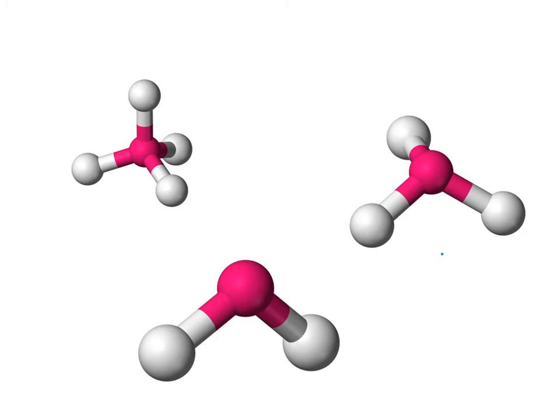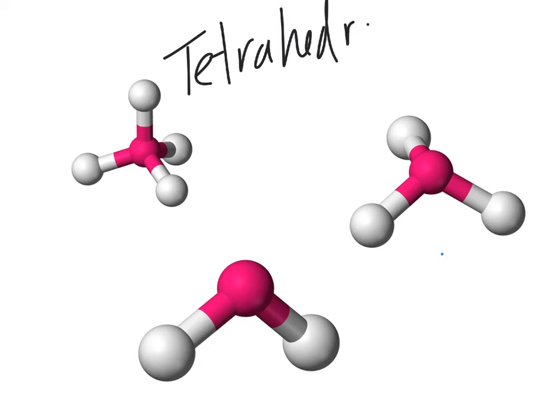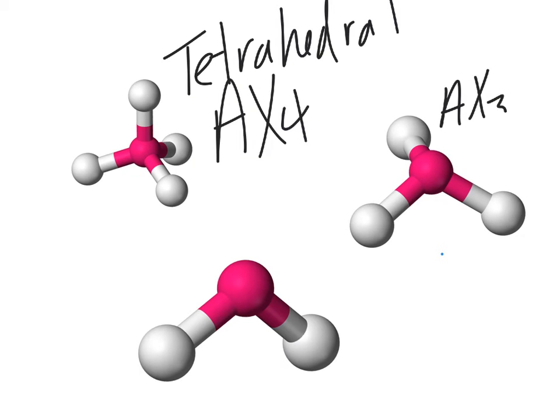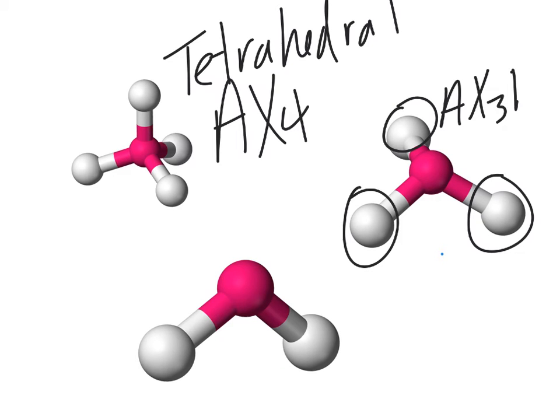In this next one, this is tetrahedral. Tetrahedral has an AXE of AX4. This one right here is AX3 because of the 3, 1, 2, 3, and then it's got an E1. And this one, it's a little harder to see. It comes out right at the top here, right? And remember, this is 3-dimensional.